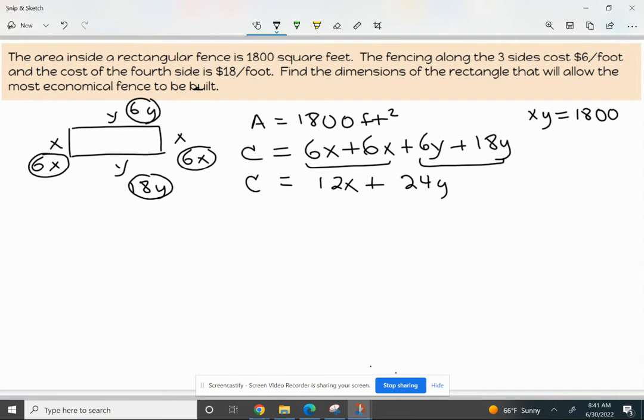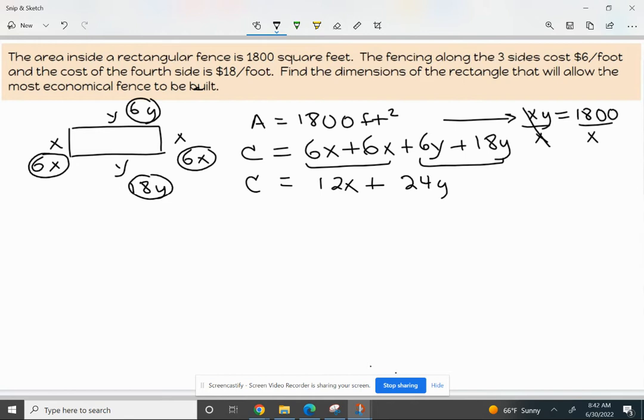Since they're giving me this fact, I can solve this equation for one of the variables and plug whatever we get into the cost equation. So I'm just going to solve this equation for y. I'm going to divide each side by x. So y has to equal 1,800 over x.